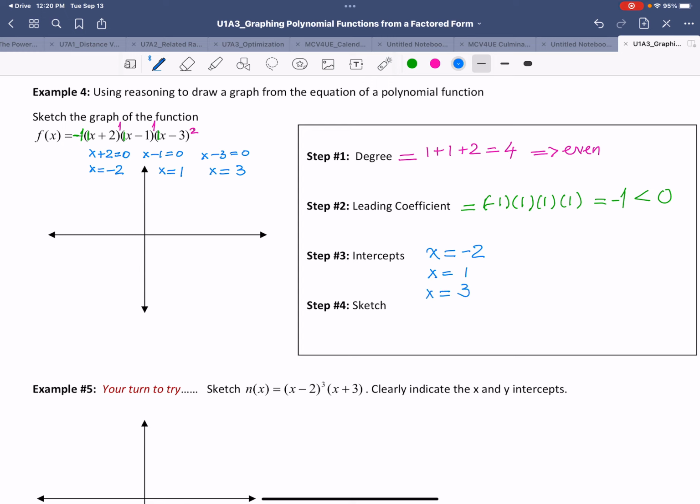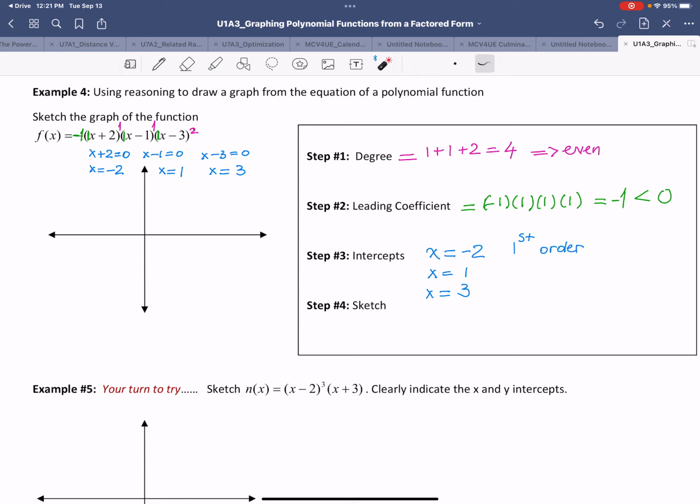Very important to notice here is the power of the factors from where we derive the x-intercepts. If the power of the factor from where we derive the x-intercept is 1, it means that this x-intercept will be a first-order root or a first-order x-intercept.